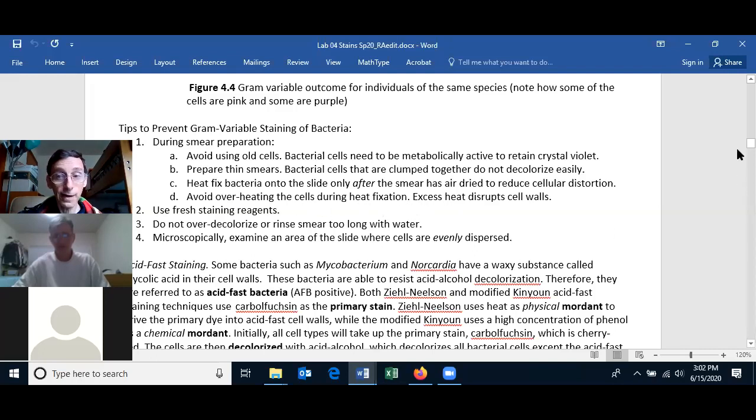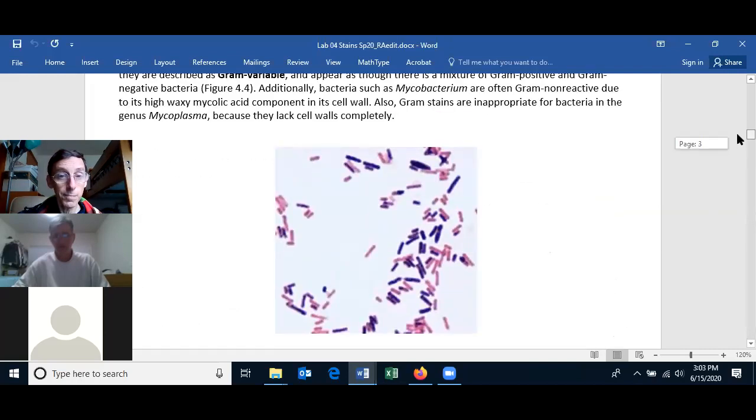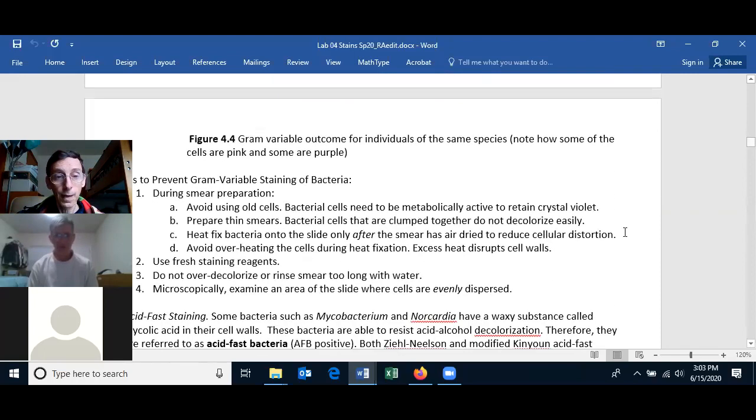If you look at your cells and they look like they've melted, instead of being an obvious bacilli, they'll start melting and become coccobacilli, misshapen, and that's from overheating. Obviously use fresh reagents. Don't over decolorize.